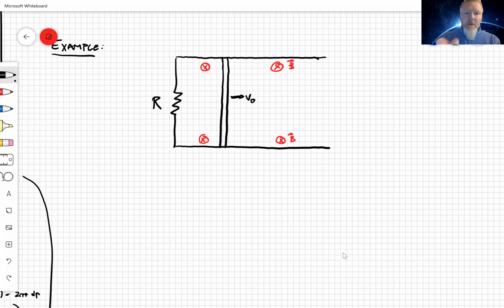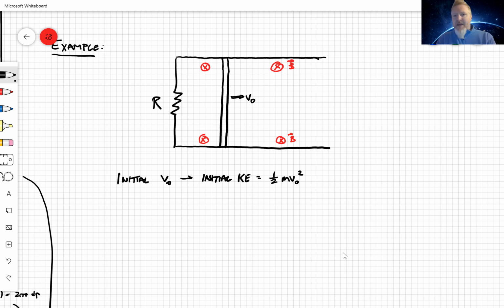And we're going to kind of find out what happens here. Initial V naught means I have an initial kinetic energy. So the bar has some mass m to it.